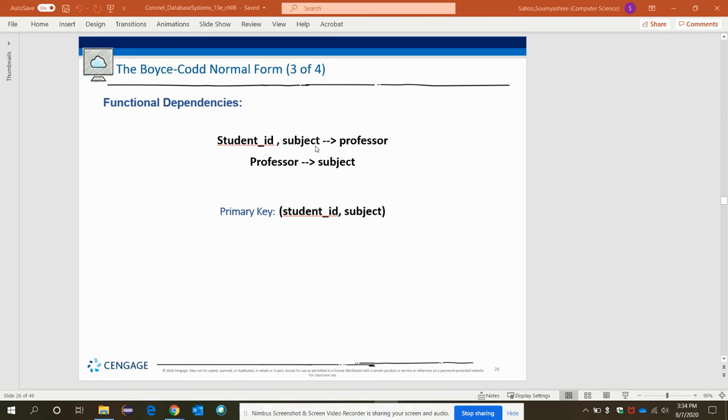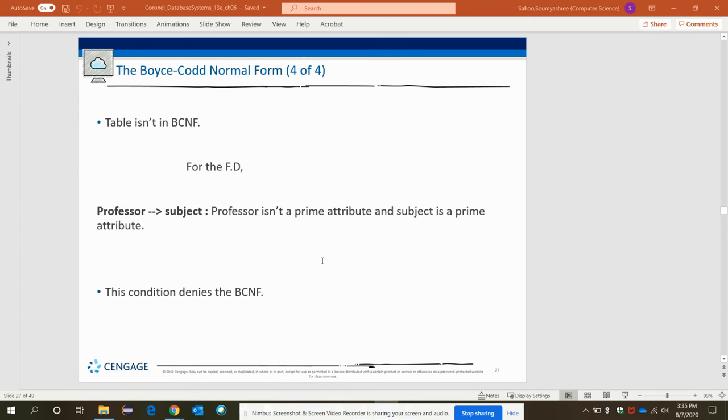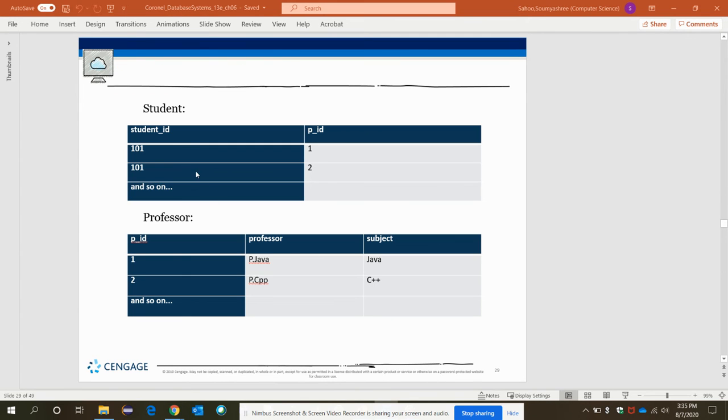Which one is denying our rule? Professor to subject, correct? So we can divide the table into this structure: first student ID, and we need another third attribute, PID.